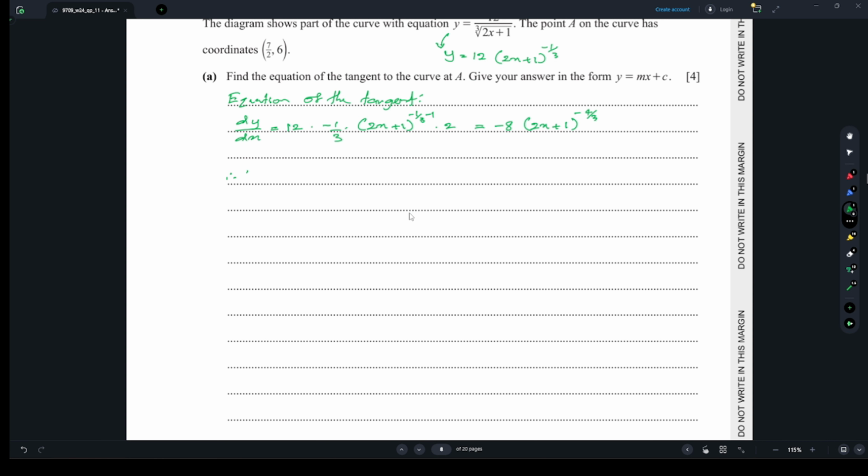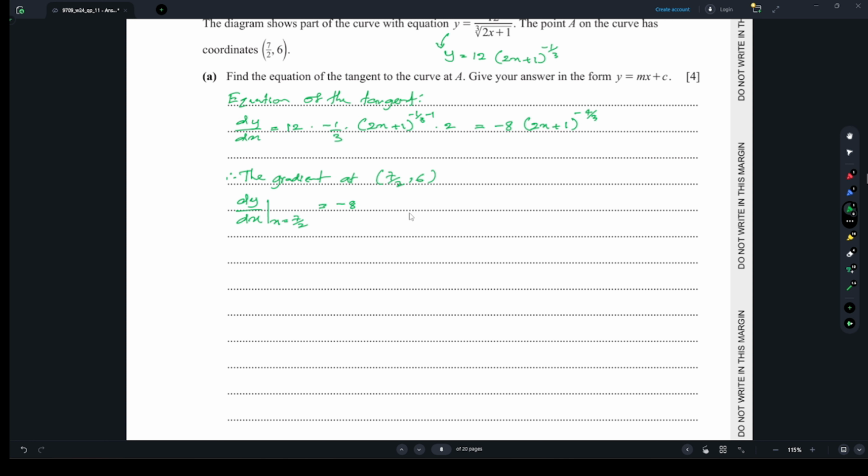Therefore, the gradient at 7 over 2, 6: what you have to do is just substitute the x value. X is 7 over 2. So I'm going to substitute here.